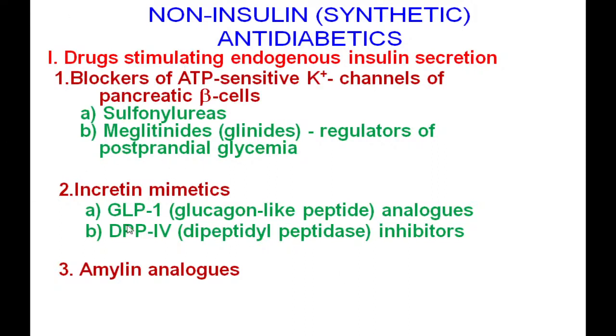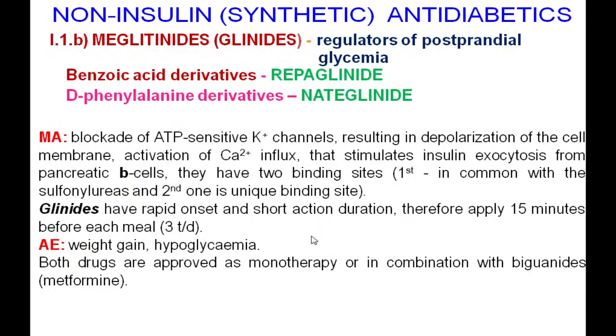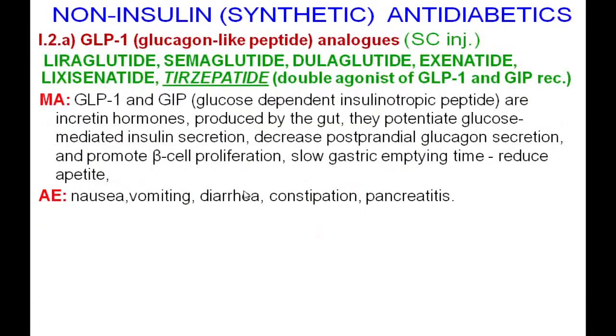They include GLP analogs and DPP-4 inhibitors. First, analogs of GLP-1 and GIP. GLP-1, this is glucagon-like polypeptide. GIP, this is glucose-dependent insulinotropic peptide.